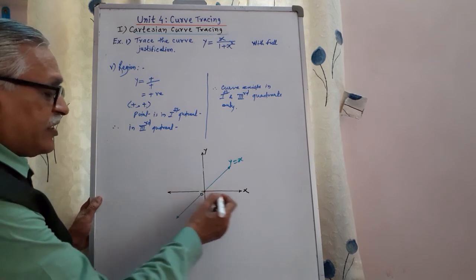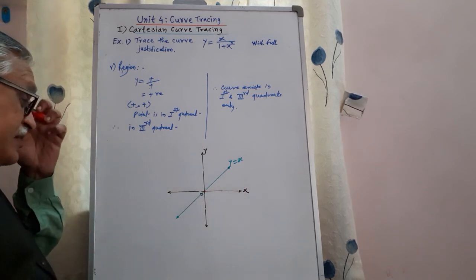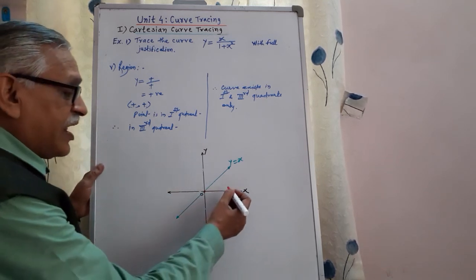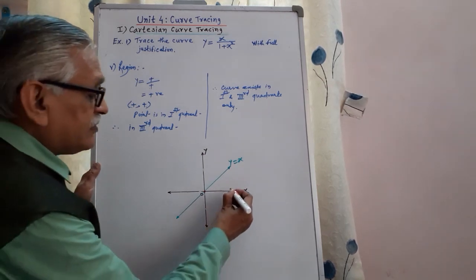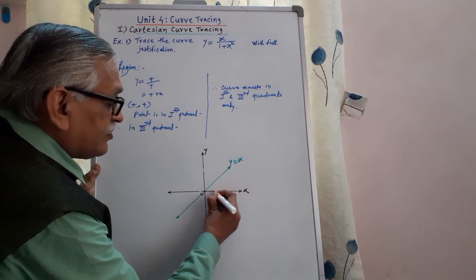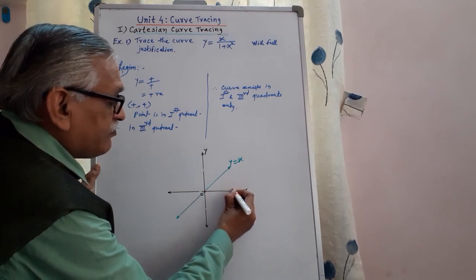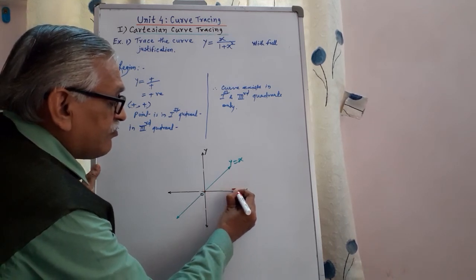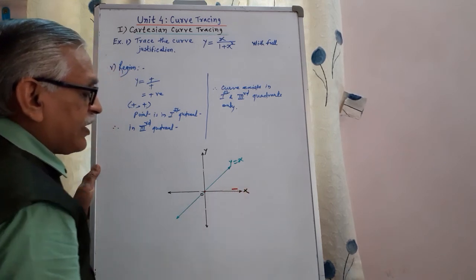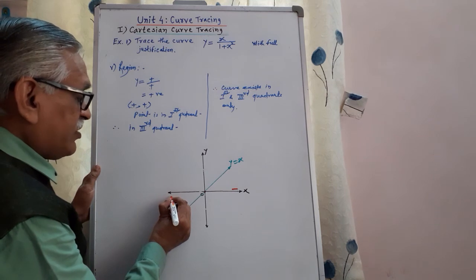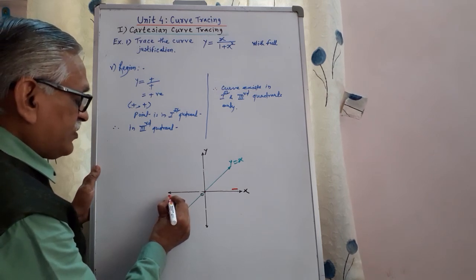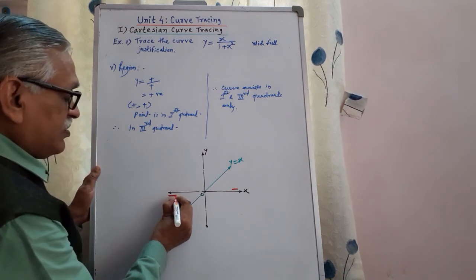Therefore, this x-axis is the asymptote, and as it is asymptote, indirectly we have to show a part of the curve as a parallel. Therefore, I will make here a parallel part and have symmetrical parallel part in third quadrant, as curve exists in first and third quadrant.